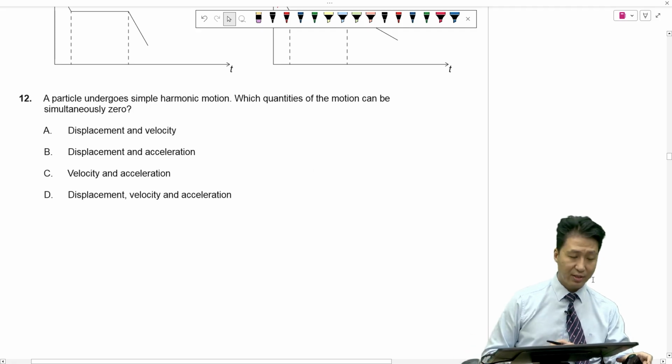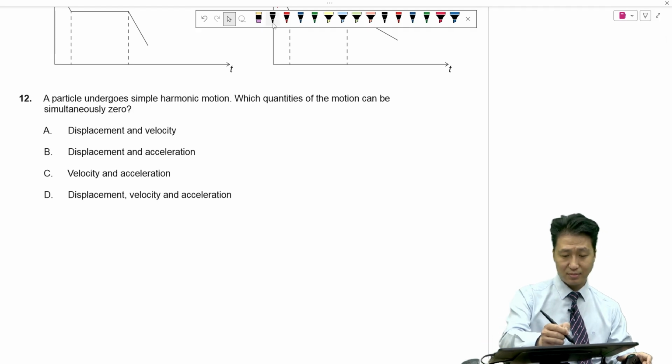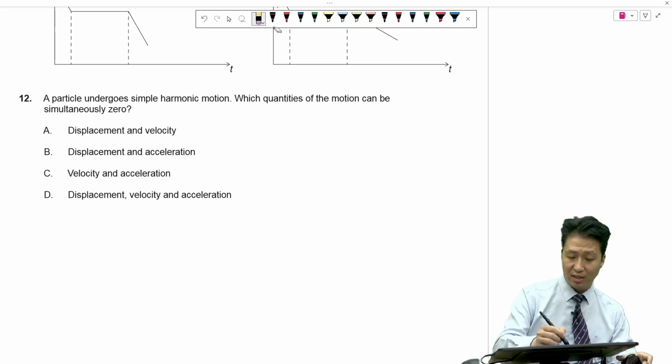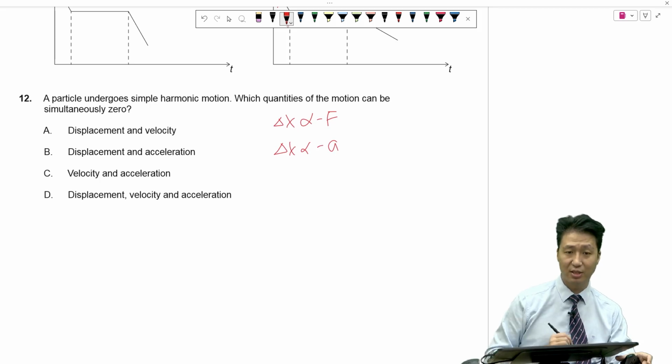Question number 12. It says a particle undergoes simple harmonic motion. Which quantities of the motion can be simultaneously zero? Now, there's one very simple thing you should probably use for this problem, and that is that the displacement is proportional to the force in the opposite direction, or displacement is proportional to the acceleration but in the opposite direction.